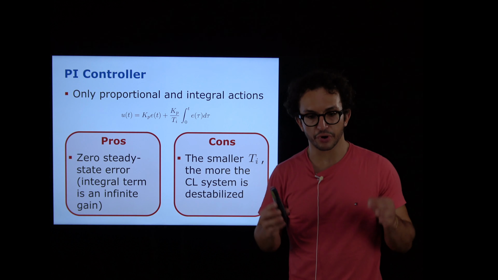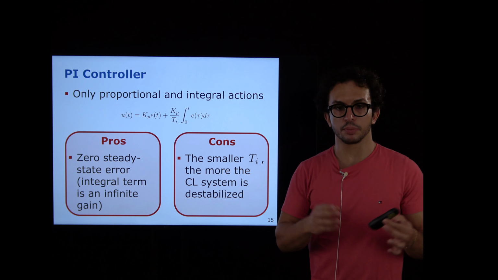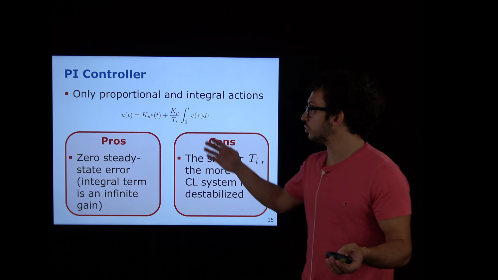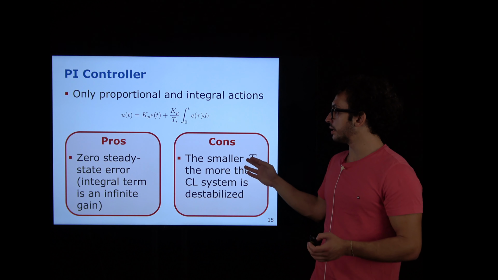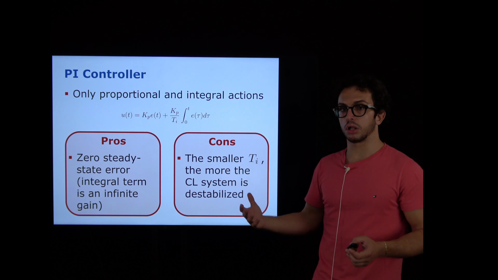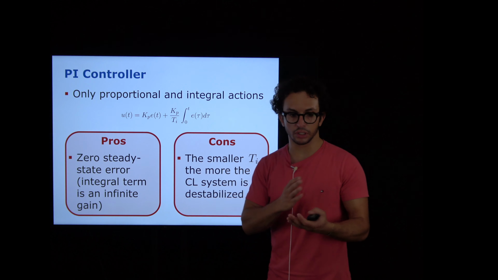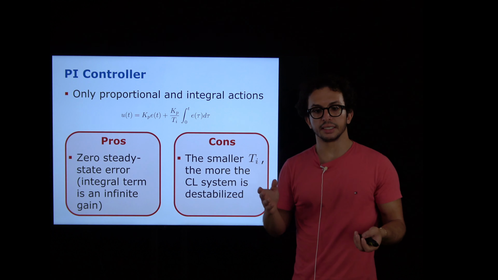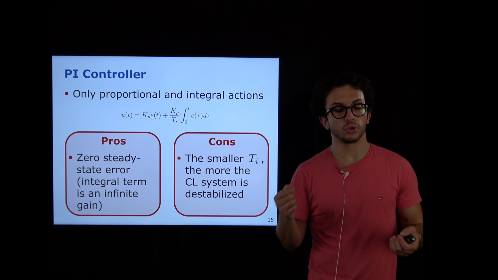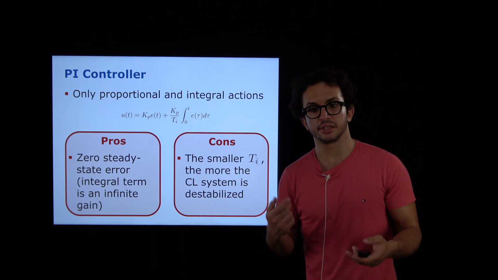So if you want perfect asymptotic tracking, you need an integral gain. The other thing is that when Ti is small, so you have a small integral constant, then the closed loop system stability is harmed.